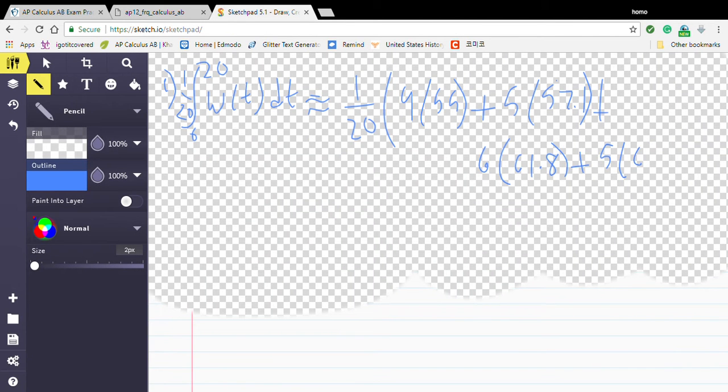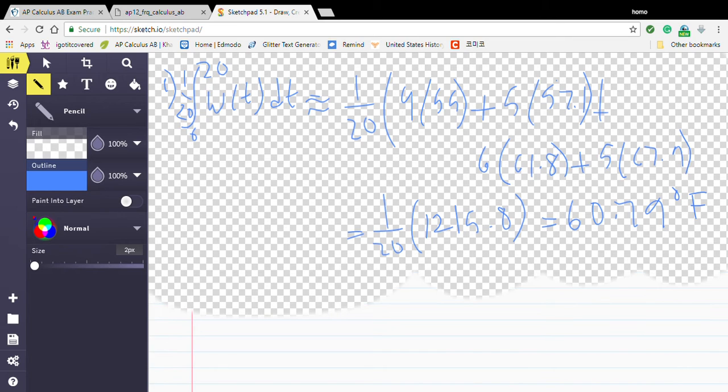So we get 1 over 20 times, once we put it in the calculator, 1215.8, which equals 60.79 degrees Fahrenheit, not Fahrenheit per minute, because this is no longer a rate.